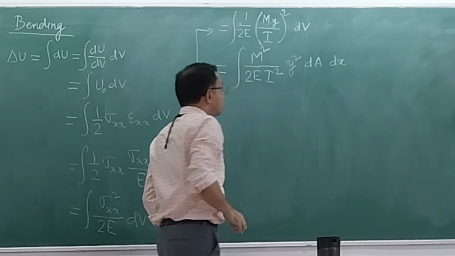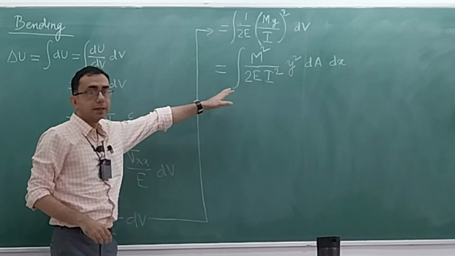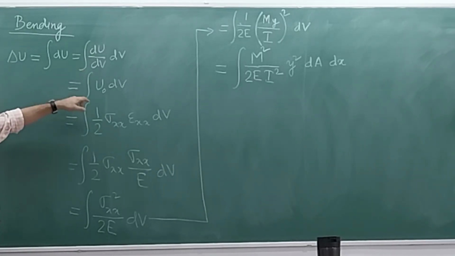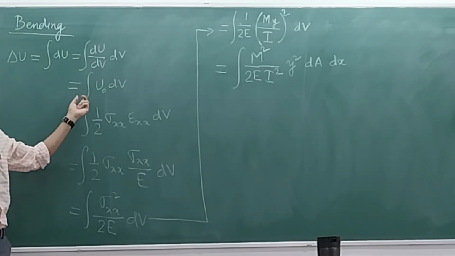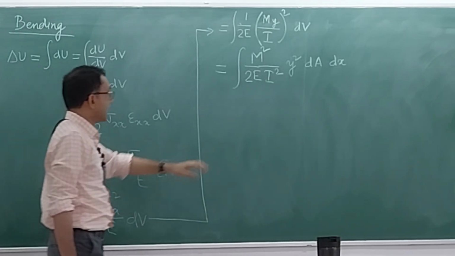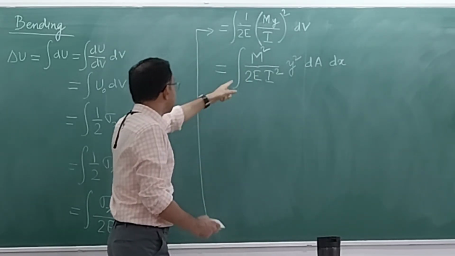Now because there are two differentials here, it is not enough for us to write this with one integration. Whenever we are writing integration with respect to the dV, we understand that this integration is actually over the volume. It is actually a triple integral. We are just being lazy not to write the triple integral every time. But now that we have explicitly written this with two differentials, it is not quite right to write like this.